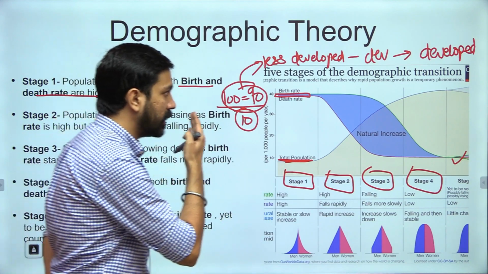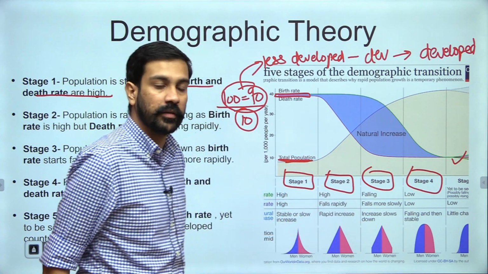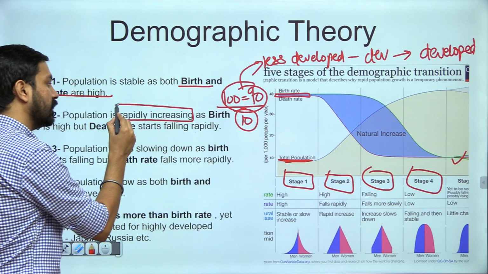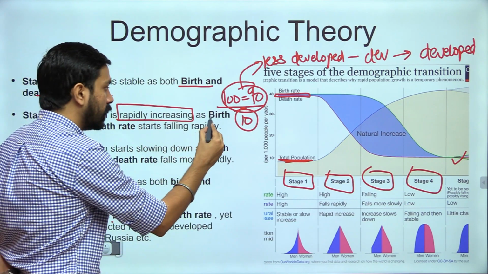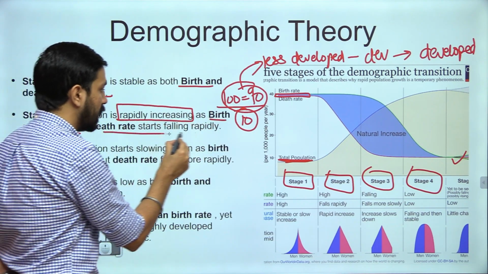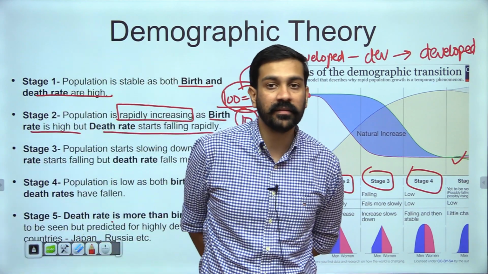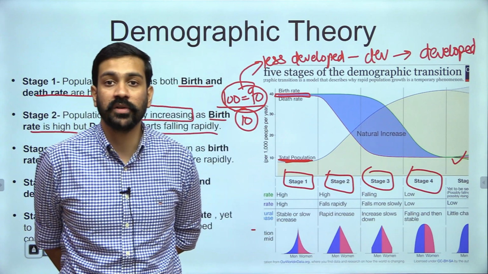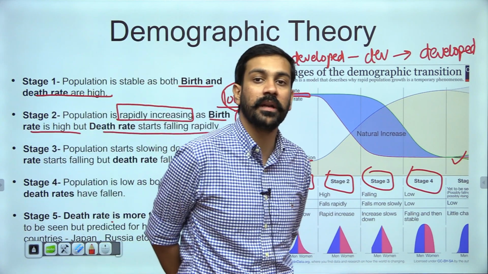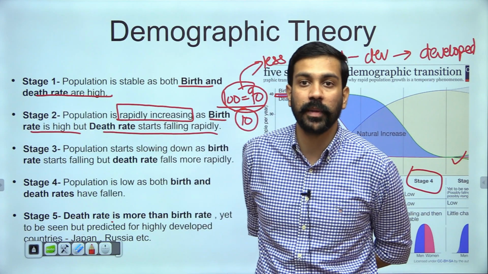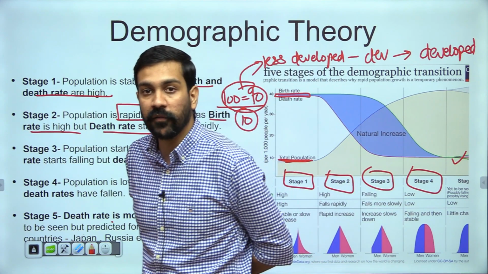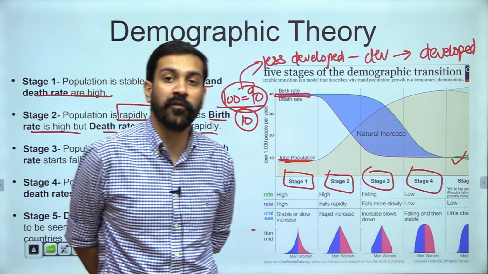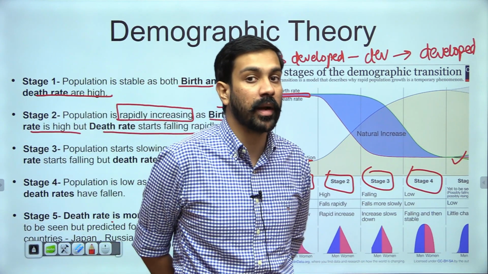Then, as the country progresses through the phase of development, you will see that population rapidly starts increasing. Why? Because the birth rate is high but death rate starts falling. As the country starts getting developed, it starts making infrastructure, it starts investing in health facilities, it starts making new hospitals, new doctors, new infrastructure for emerging diseases, due to which people are cured from their diseases and death rate falls.